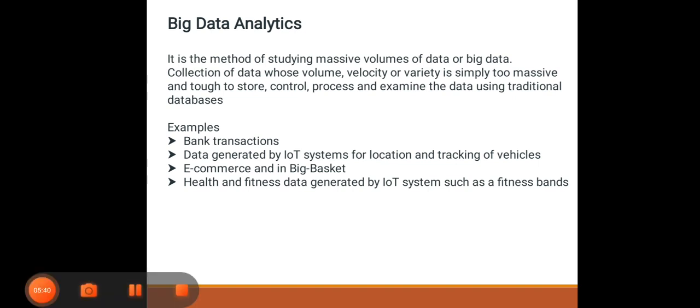Now we will understand this by taking examples. Examples of big data are bank transactions, data generated by IoT systems for location and tracking of vehicles, e-commerce and Big Basket, and health and fitness data generated by IoT systems such as fitness bands.